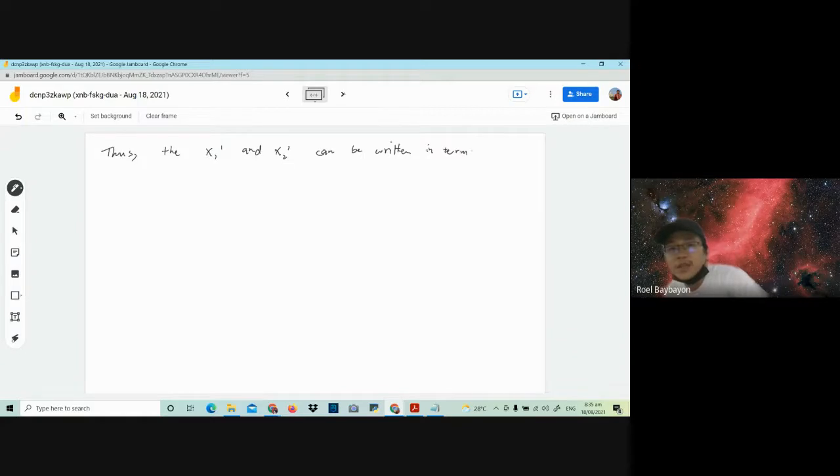So what is it? x1 prime is equal to x1 cosine of theta plus x2 sine of theta. I can write this as x1 times, the cosine of theta is lambda 11, lambda 11, plus x2 times lambda, I think it's 1,2. Okay, so therefore, x1 prime is equal to x1 lambda 11 plus x2 lambda 12.